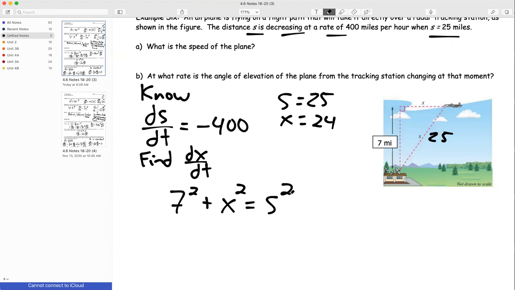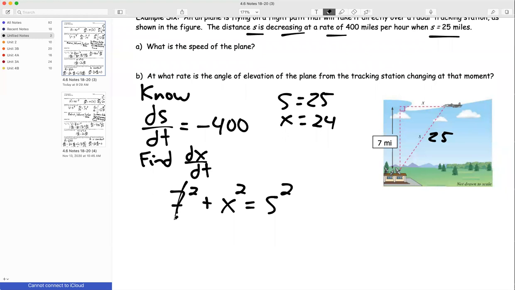Notice, if the plane is flying at the same altitude, then this 7 miles will not change. And I can plug it in because when I take the derivative of a rate of change that does not change, that derivative would be 0. So that is going to go away.